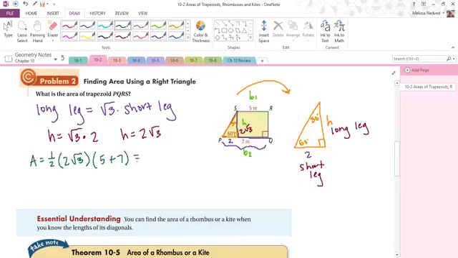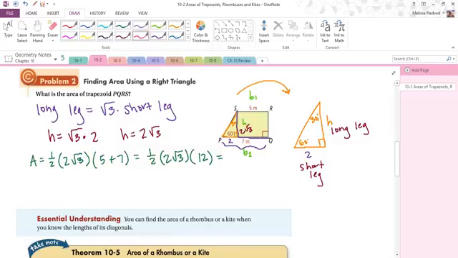So in this case, I can't just throw this all in my calculator, since I want to give an exact answer. So I'm going to start by adding what's inside the parentheses, leaving everything else alone. 5 plus 7 is 12. And there's a lot of right ways you can go about finishing this, whether you multiply the 1/2 and the 2 and then the 12, or the 2 times the 12 and then the 1/2.